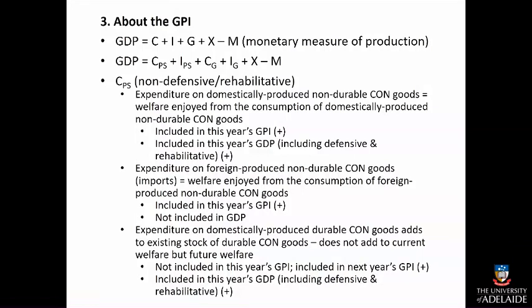So if you go into a shop and buy a pair of shoes made in Australia and they cost you $200, you don't get an immediate $200 benefit. If those shoes last you 5 years, you'll get approximately $40 of benefit each year over the next 5 years. Whereas GDP is only interested in production. If they've been produced and purchased this particular year, they'll be included in the GDP.